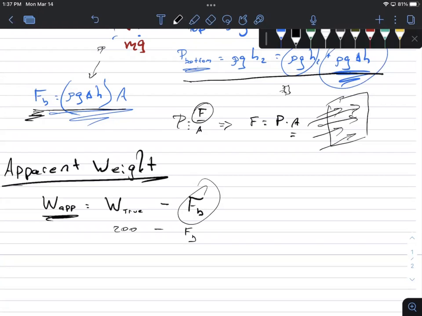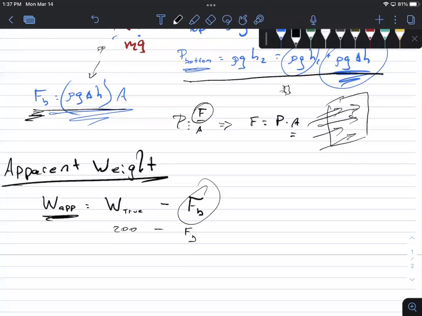And like I said, an object floats if this buoyant force is bigger than the true weight. An object sinks if the buoyant force is less. But no matter what, the apparent weight is always less than the true weight. So an object in a fluid will always feel lighter than an object in the air.